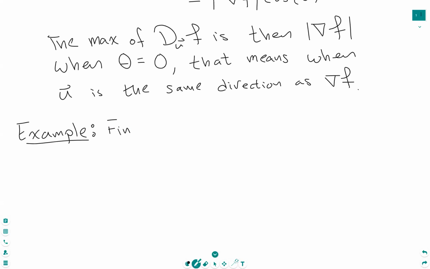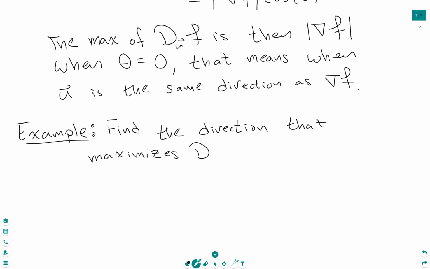We're going to find the direction that maximizes our directional derivative at the location (2, 0) when our function is equal to x e to the y.